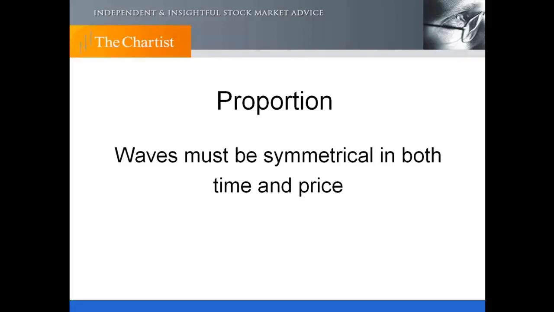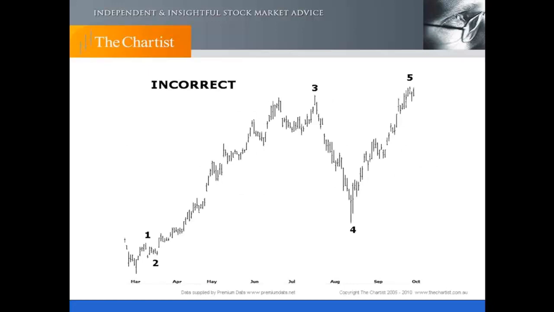So look and feel, the proportion, both in time and price, has to be there. So waves must be symmetrical in both time and price. Okay, we want nice, smooth waves up and down, fitting all our guidelines within reason and certainly fitting our rules. If the rules aren't met, then the pattern is not there. So proportion is extremely important in both time and price.